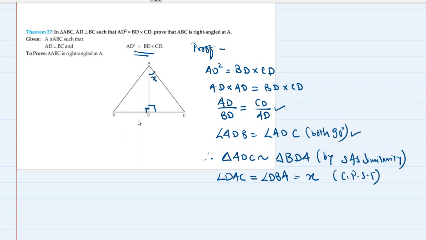Okay, and where is angle DBA? DBA is over here. This is also X. They both are equal. Why? Because CPST. The two triangles are similar, therefore their corresponding angles must be equal. One more thing.